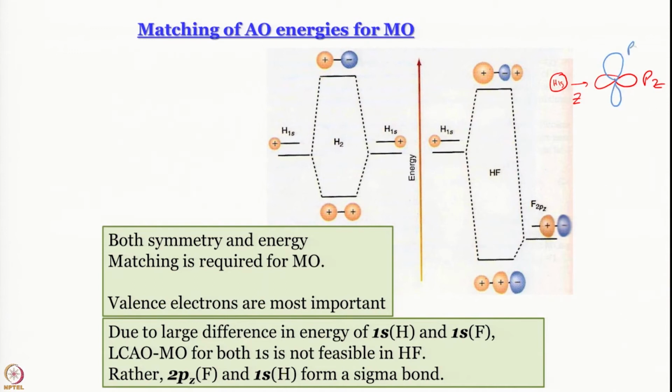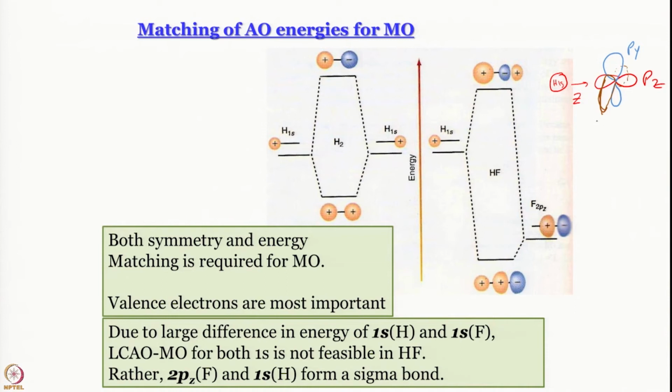This is Py. Okay, there is no meaning of this larger lobe of Py, it is just my poor artistic skills. And this is Px pointing towards us. Okay, I will make this a little fat and going away from us.